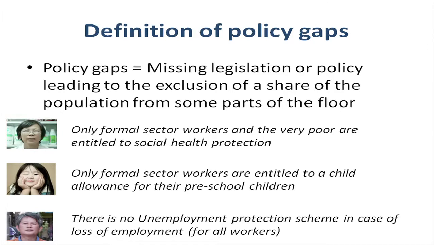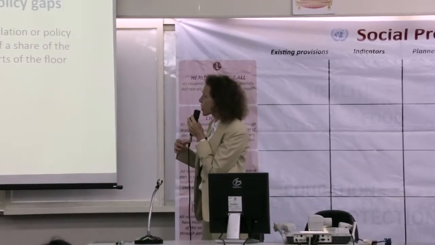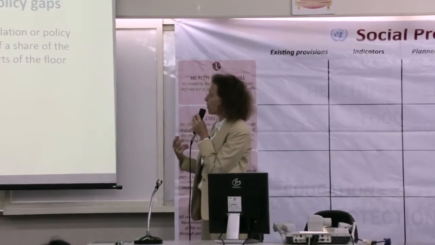So now, in the matrix, you have the description of existing schemes, and then you have to identify policy gaps and implementation issues. This is a very preliminary definition of a policy gap. It's when there is no law, a missing legislation, or a policy which leads to the exclusion of a share of the population.